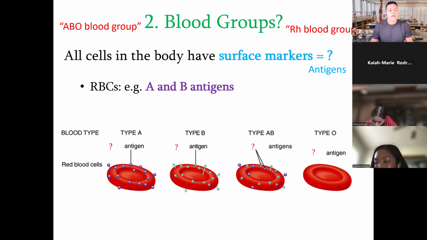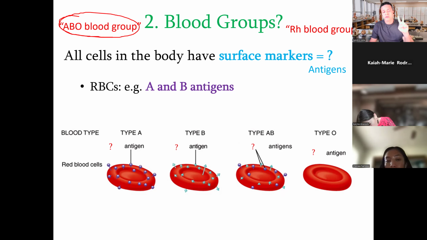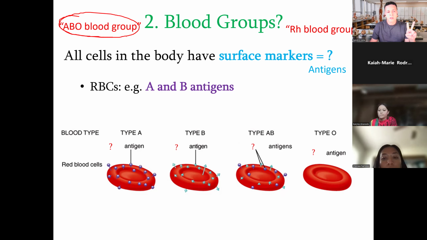Okay? Now, in regards to the ABO blood group type, your blood group type is going to depend on the presence or absence of two different antigens. We have the A antigen and we have the B antigen. So let's see here how the presence or absence of those antigens make our ABO blood group type.